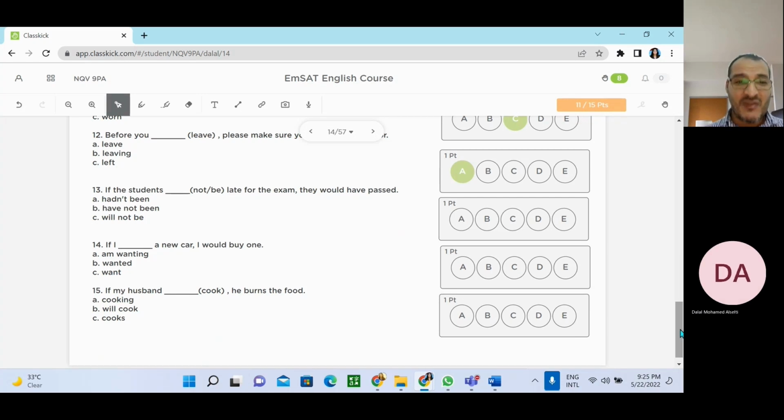So if we have would have done, could have done, should have done, or might have done in the second part, this is called if conditional type 3. That means we have here, if students hadn't been late for the exam.